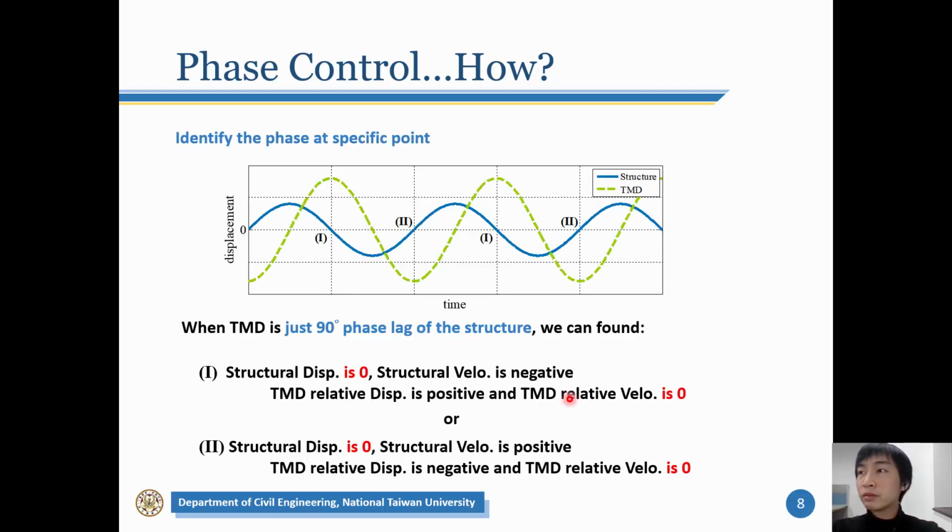of the structure. If the tuned mass damper is just 19 degrees lag of the structure, we can see this. When the structural displacement is 0, the tuned mass damper stroke is just at the maximum or minimum. So if the tuned mass damper is not just 19 degrees lag of the structure, when the structural displacement is 0, the tuned mass damper stroke will not be at the peak.